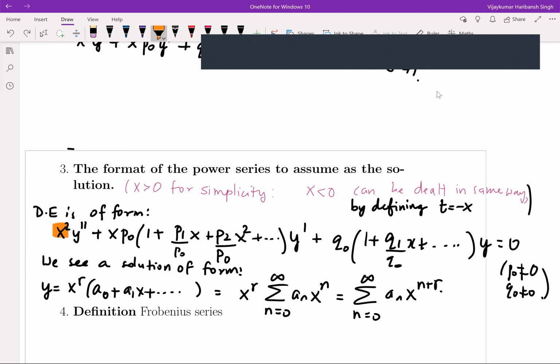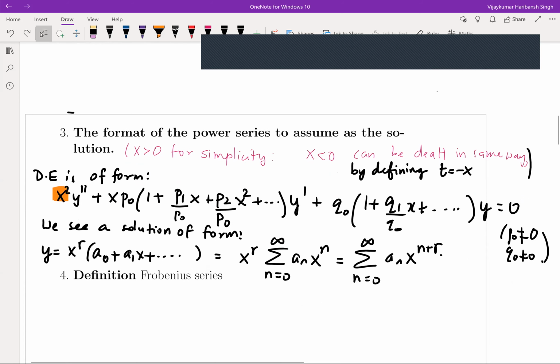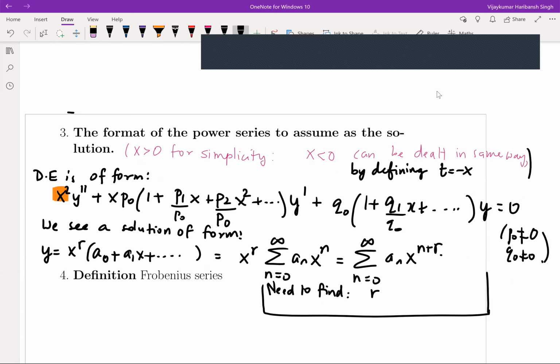Okay. So now what do we need to find? First of all, we need to find r, and second, a n for all n.